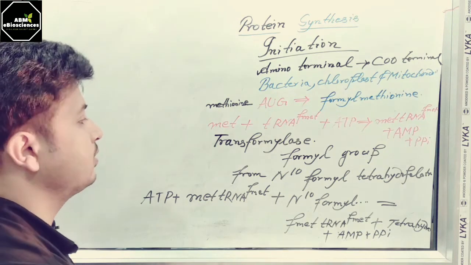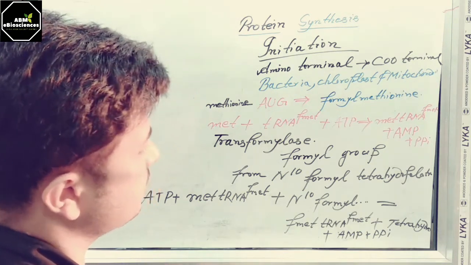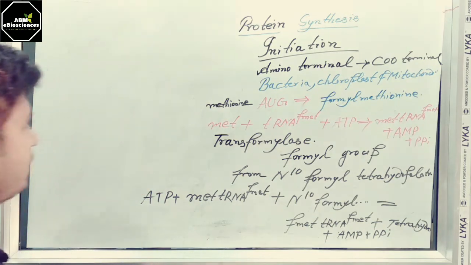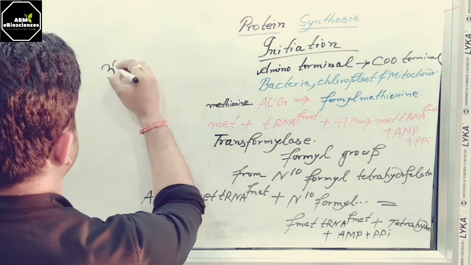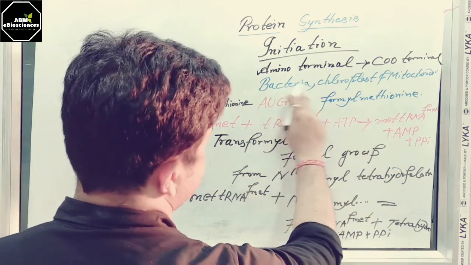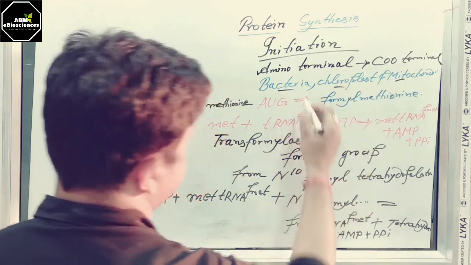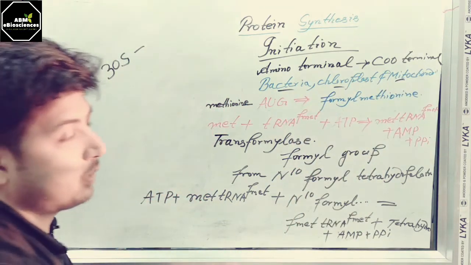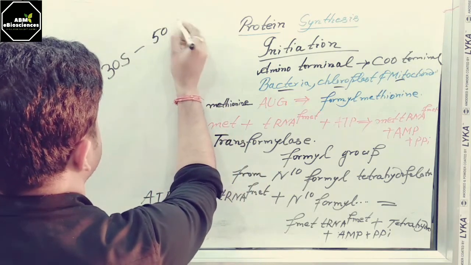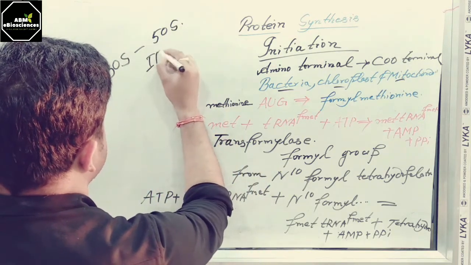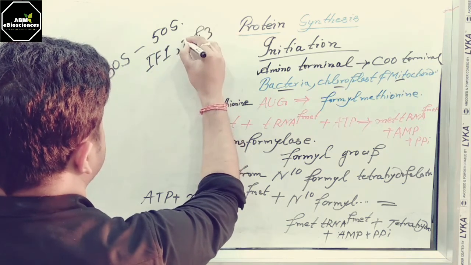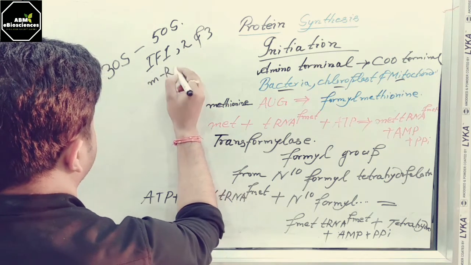Now what we require next are initiation factors, mRNA and ribosomes. The ribosomes, in the case of bacteria, chloroplast and mitochondria, I am saying about these things. I am not discussing eukaryotic protein synthesis. So we need the 30S and 50S subunits, initiation factors IF1, 2 and 3, and the mRNA.